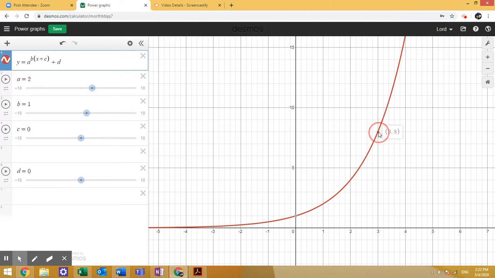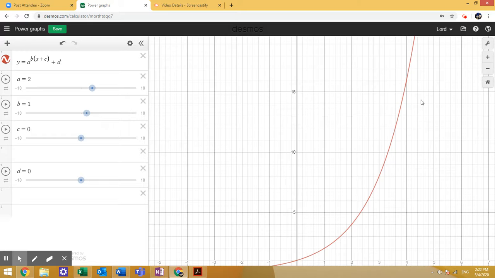If I can get the point nicely, there it was. 2 to the power of 4, I'm going to have to go up the graph a little bit, and I find this point here at 16.